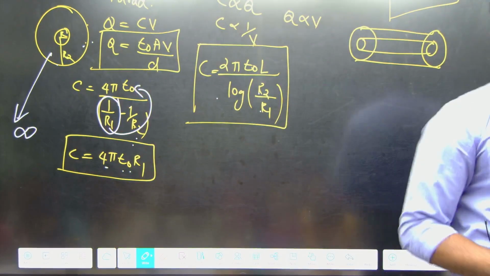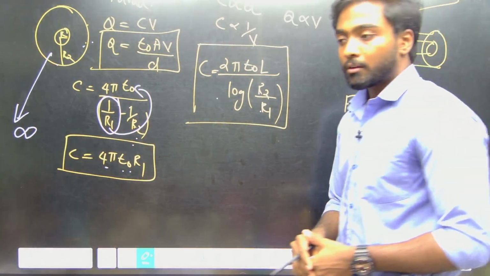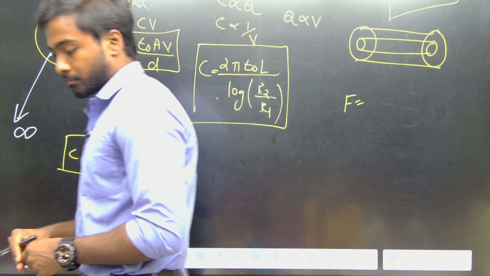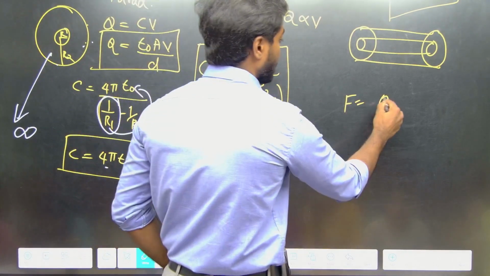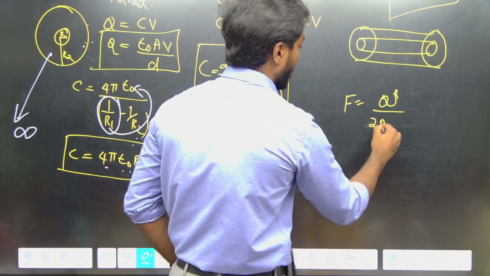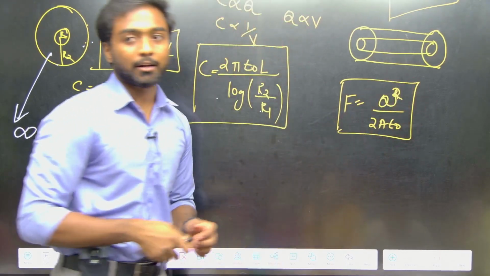Write down the formula. F is equal to Q square by 2A epsilon naught.